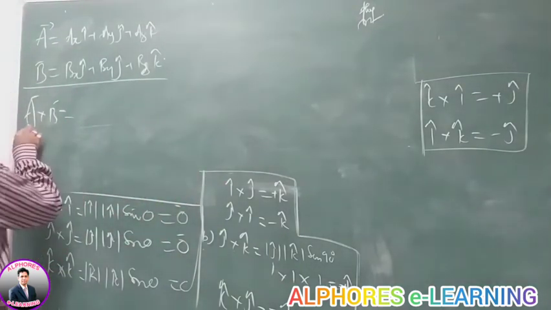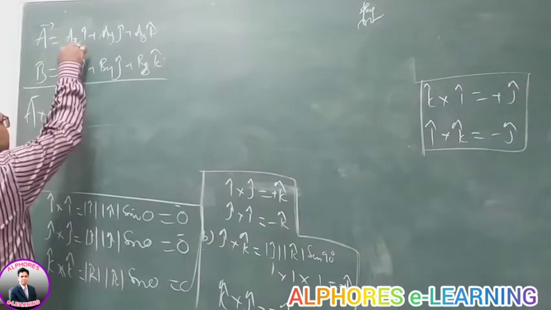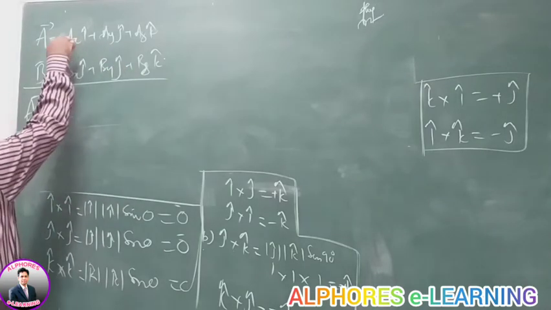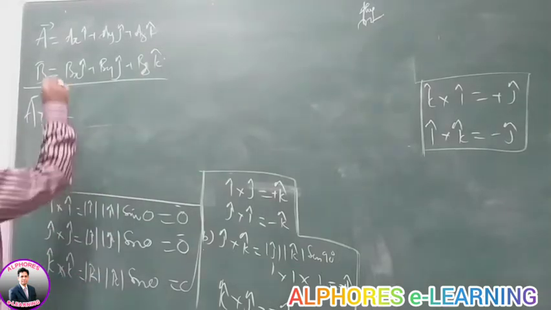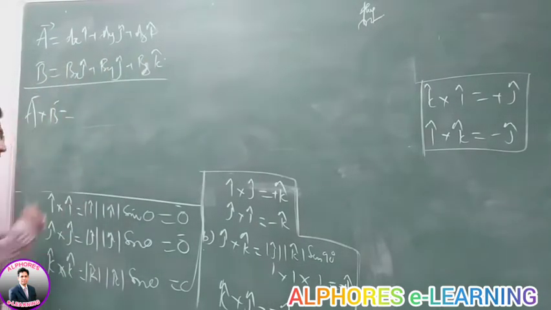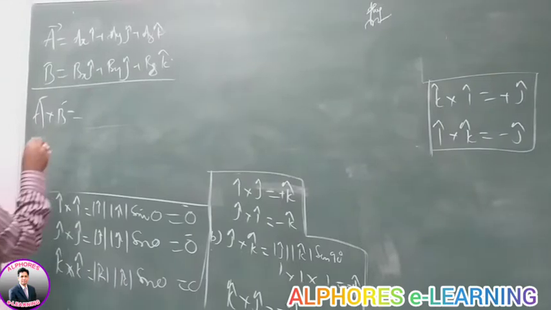The first vector is multiplied to the second vector. Every term of the first vector needs to be multiplied to every term of the second vector, so I have to multiply each term to all the other terms.